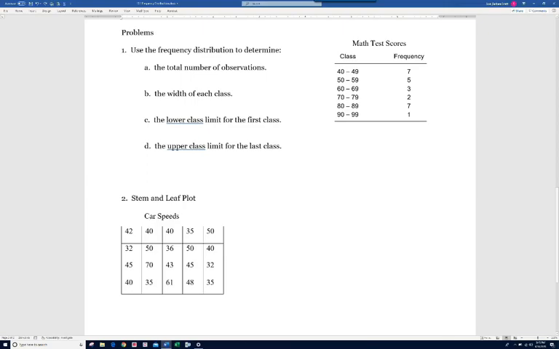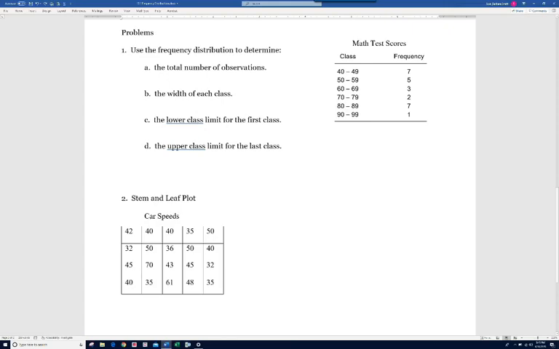Based on what we just discussed, I'd like you to look at this frequency distribution table. Notice it's a grouped frequency distribution for math test scores. Go ahead and answer the questions in problem number 1. First, we're supposed to determine the following.